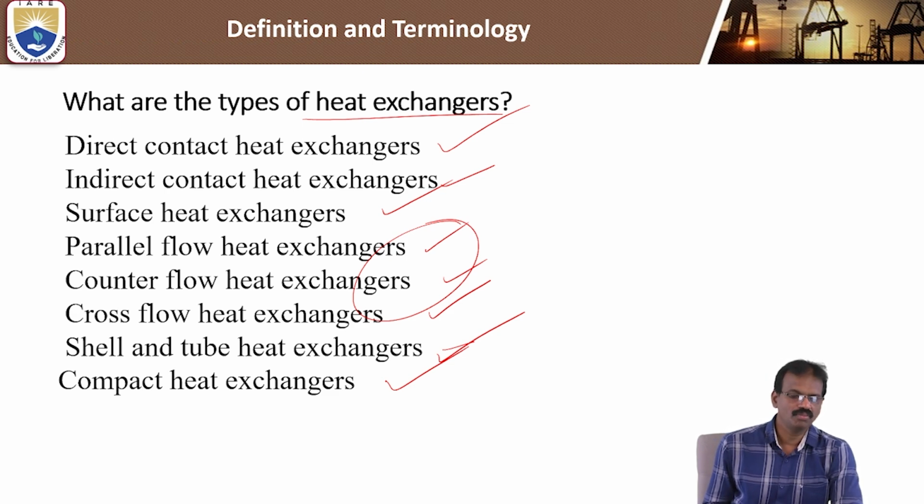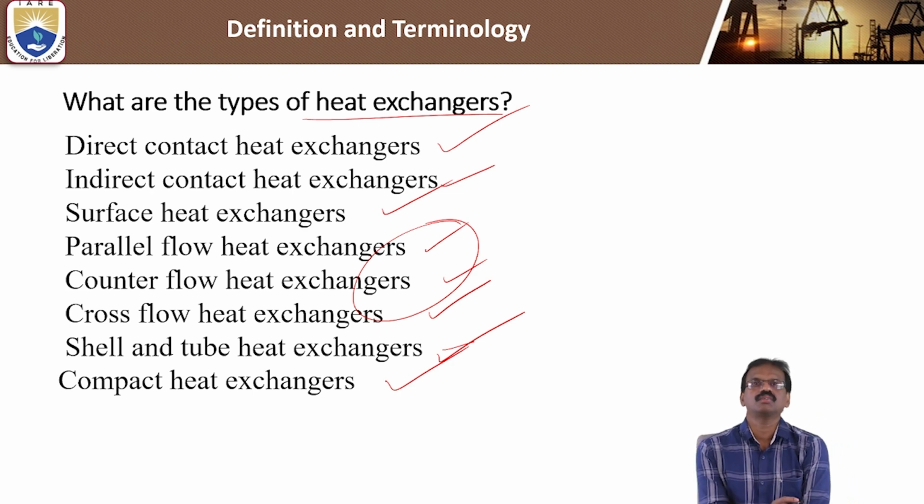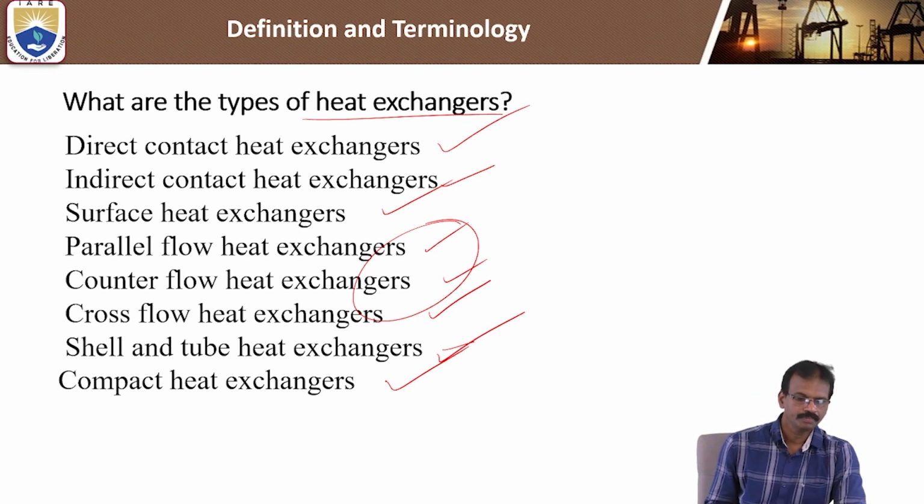We'll see one by one: what is a direct contact heat exchanger, what is an indirect contact heat exchanger, what is the purpose of surface heat exchangers, what is the functioning of the parallel flow exchanger and the design of the counter flow and cross flow exchangers, and which is efficient compared to the others. We'll see one by one.